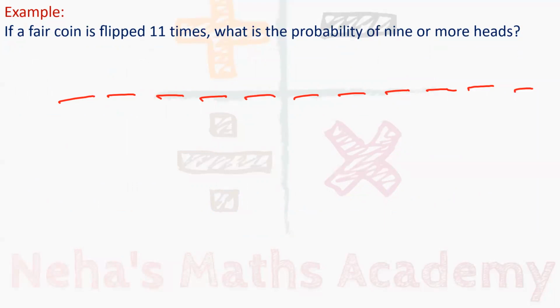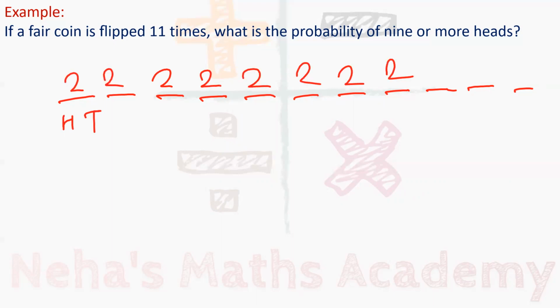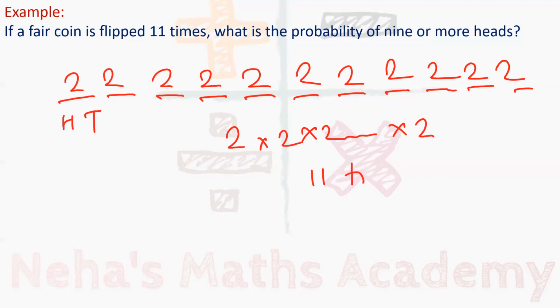If a coin is flipped, there are two possibilities, either head or tail. Means for each place, there are two choices. So the total number of choices will be 2 multiplied by 2 multiplied by 2, 11 times.